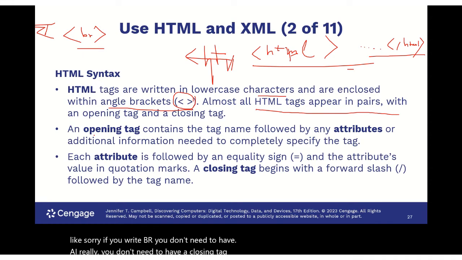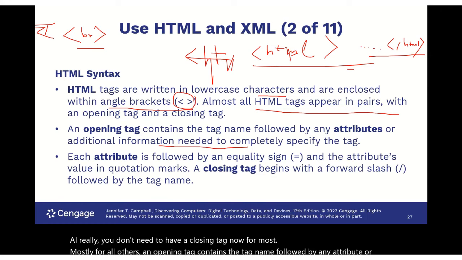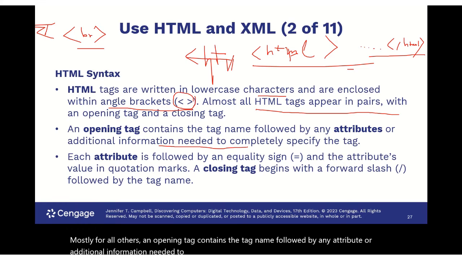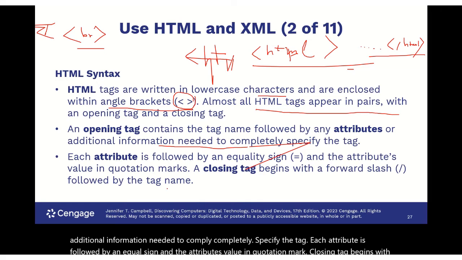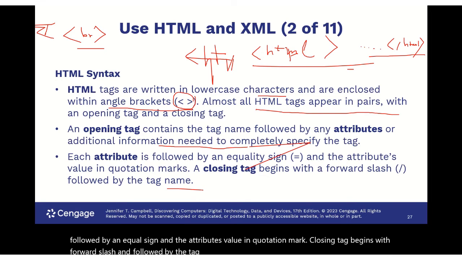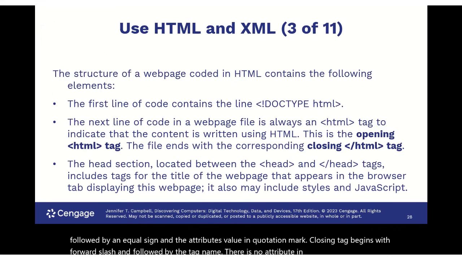For almost all others, an opening tag contains the tag name followed by any attribute or additional information needed to completely specify the tag. Each attribute is followed by an equal sign, and the attribute's value in quotation marks. The closing tag begins with a forward slash followed by the tag name. There is no attribute in the closing tag.